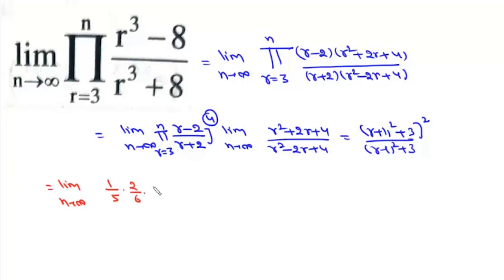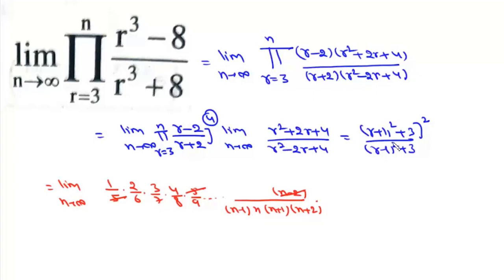Now this is 2 by 6, 3 by 7, 4 by 8, 5 by 9, and it will go all the way up to n minus 2. Here terms will cancel after 4. So here we'll have 4 terms. So it will be n plus 2, n plus 1, n and n minus 1. So we'll have these 4 terms.